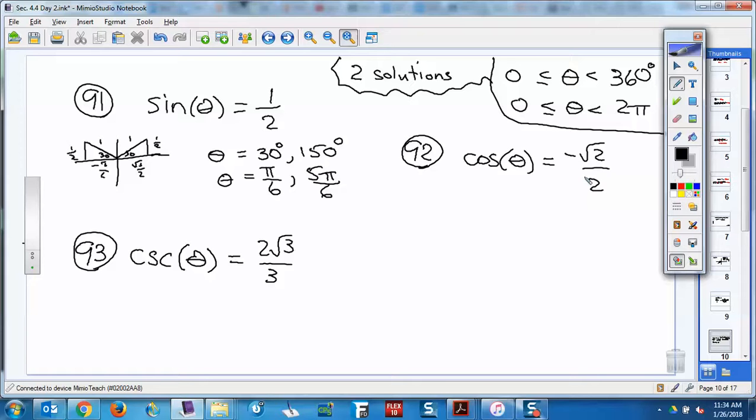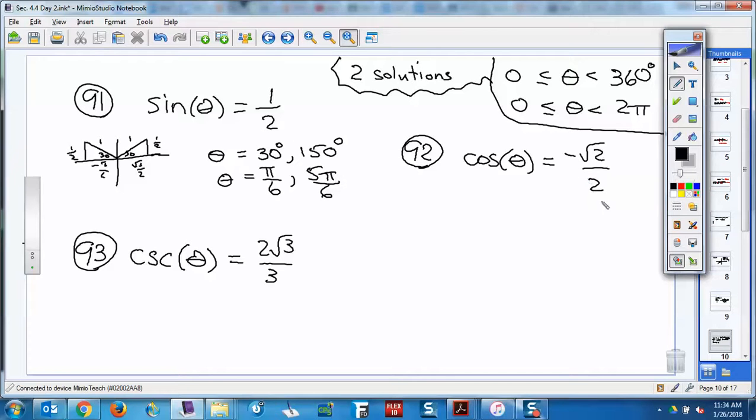Do pi button divided by 6. You get the same thing, right? 0.52. So if you're in degree mode and you do inverse sine, you get 30 degrees. If you're in radian mode and you do inverse sine, you get pi over 6, but as a decimal. All right. So probably want to be in degree mode for those right now.